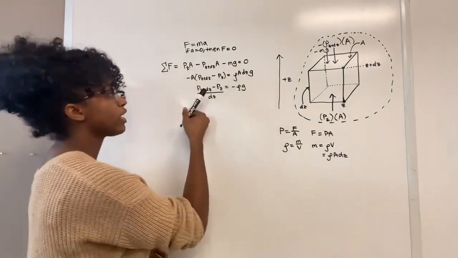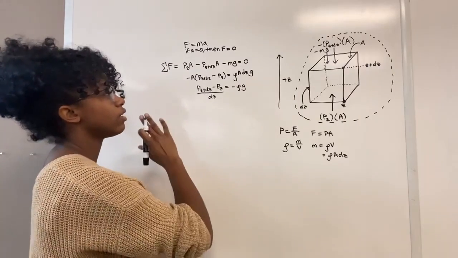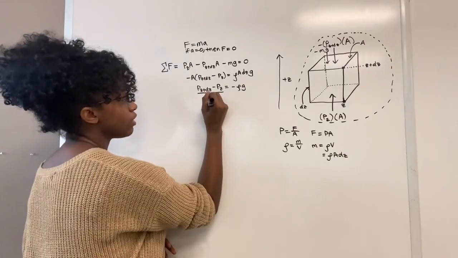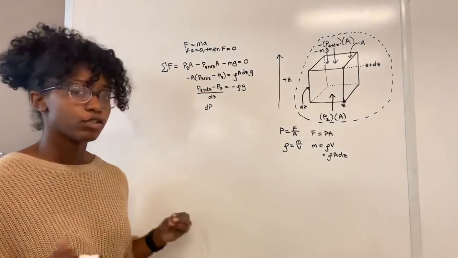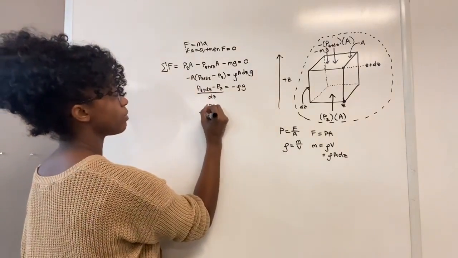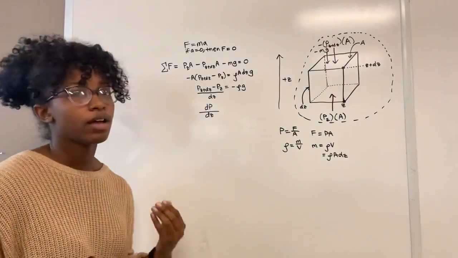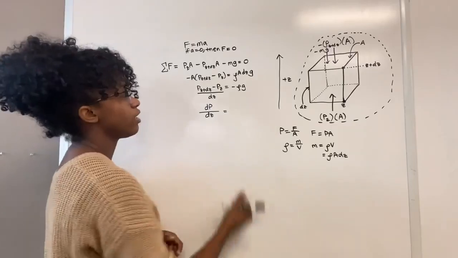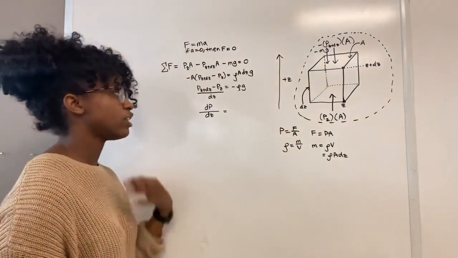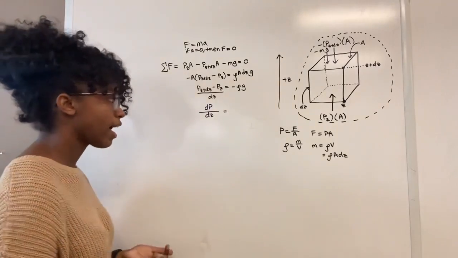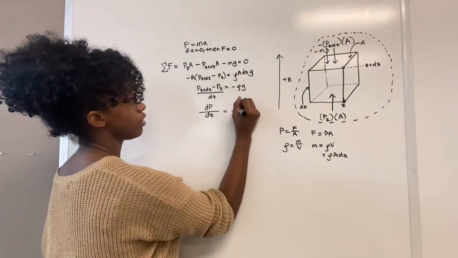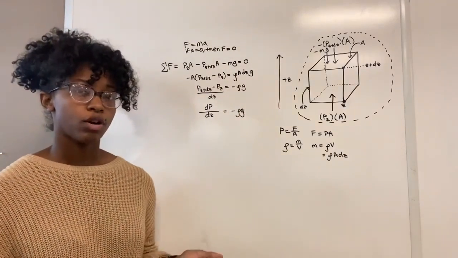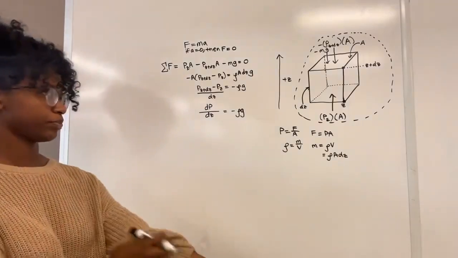And so we can label, or we can call our numerator dP for the differential pressure and divide it by the differential height or differential thickness dZ. And now we have created the change in pressure with respect to height equation for our fluid. And that'll be equal to negative rho times acceleration due to gravity.